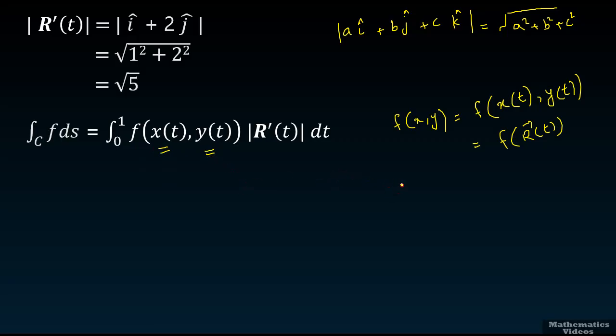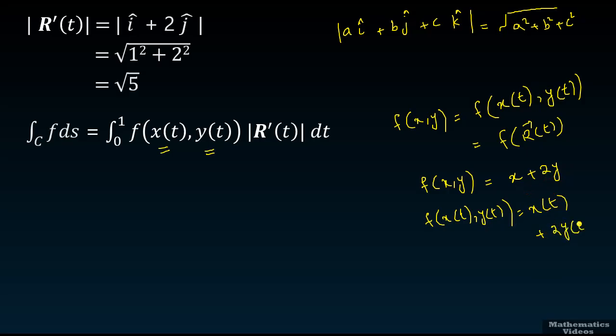Since the given function is f of x and y equal to x plus 2 times y, therefore f of x of t and y of t is just equal to x of t plus 2 times y of t. Very simple. Now put the value of x of t, that is t, plus 2 times the value of y of t, which is 2 times t.